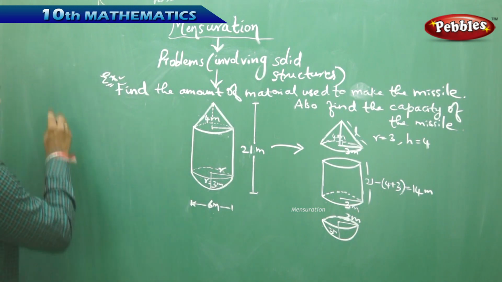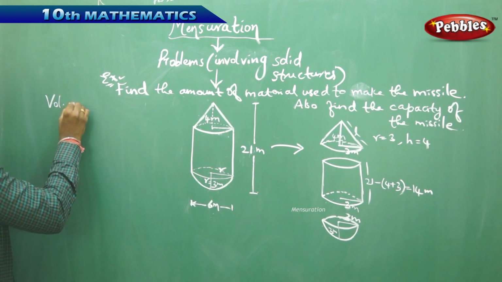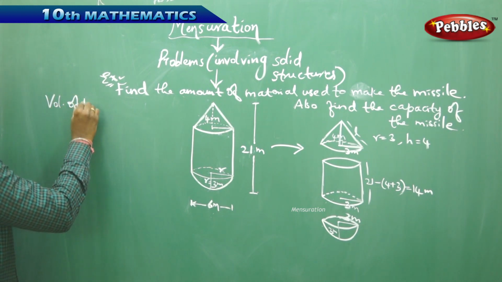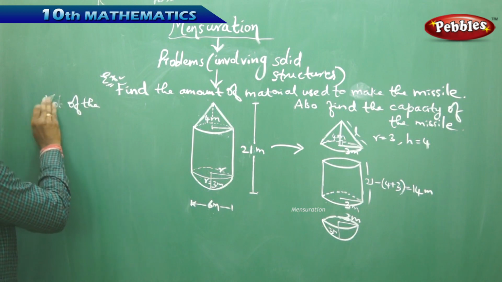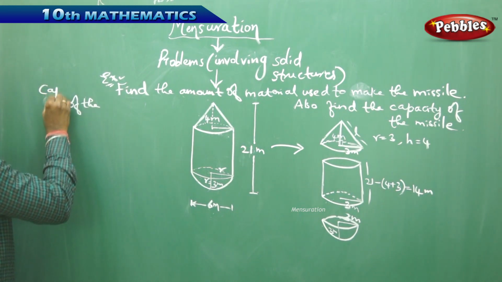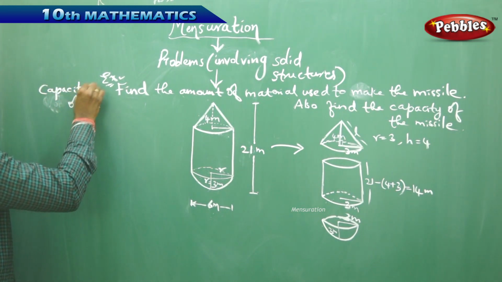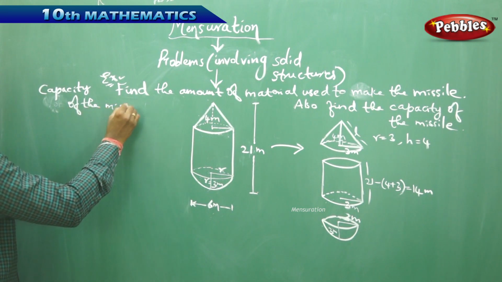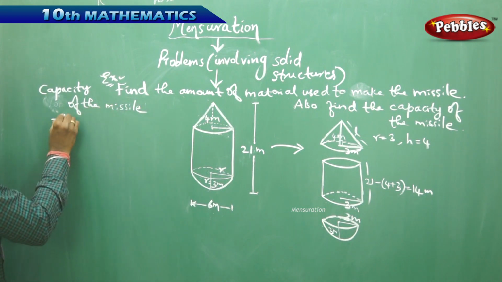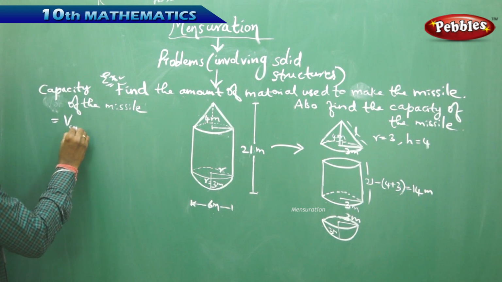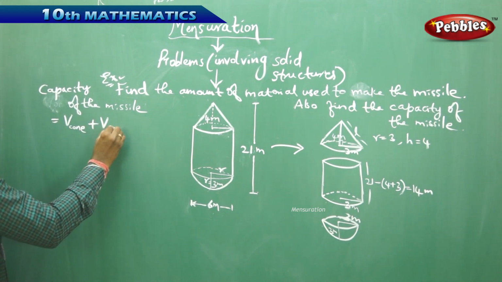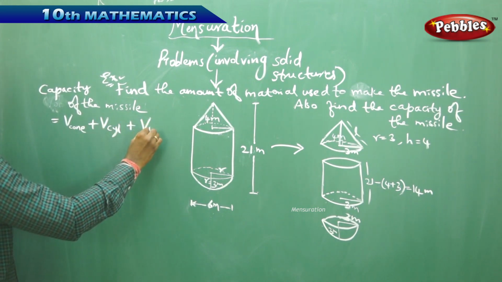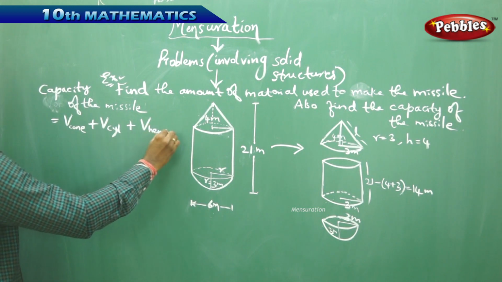So the volume of the missile, or the capacity of the missile, is nothing but the volume of cone plus volume of cylinder plus volume of hemisphere.